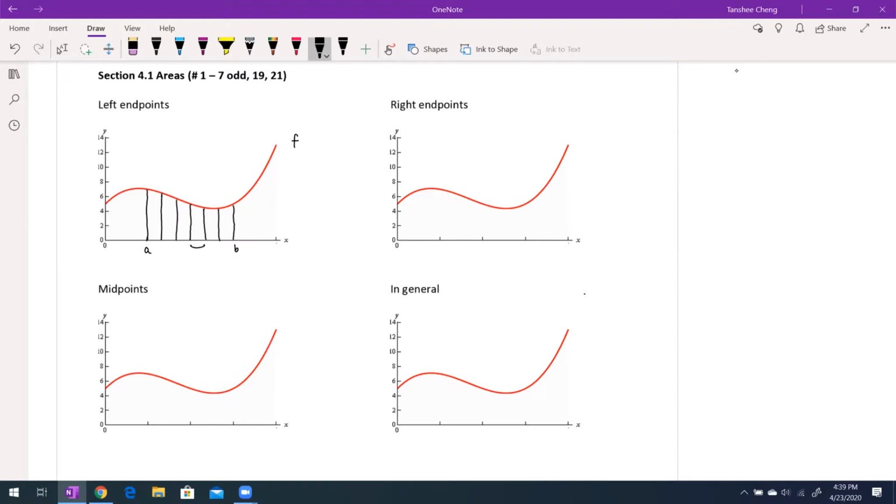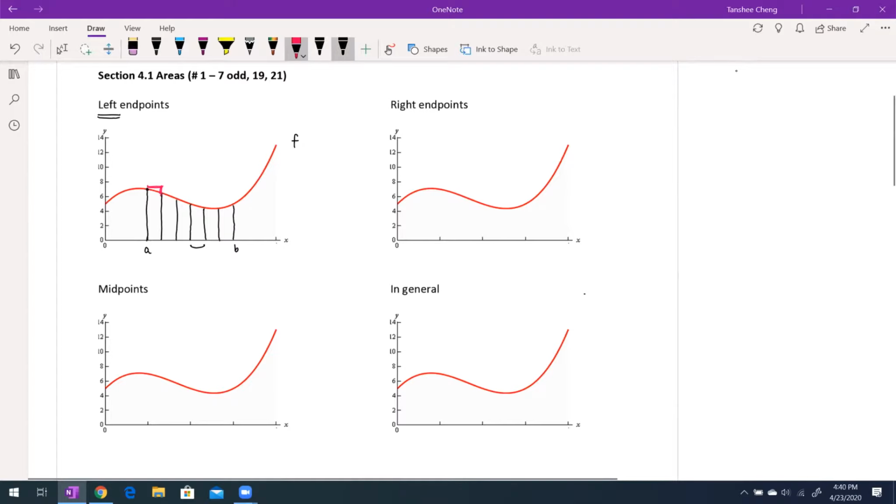So you can see that the first one I'm looking at is the left endpoints. The left endpoint is talking about the initial point, like the left end of the interval, and that's what we're going to use as the height of the rectangle. By doing that, we will have this little part overestimating, if I'm using that point.